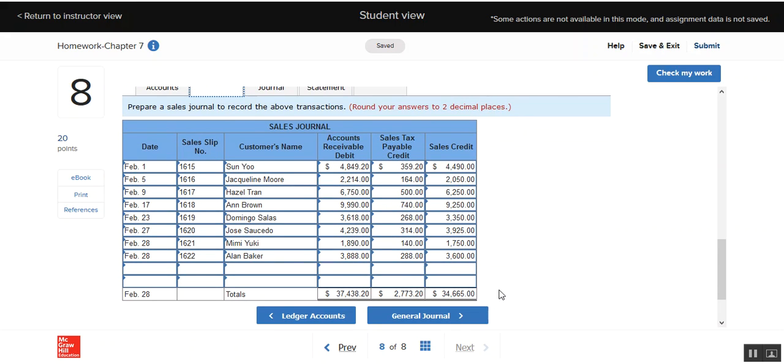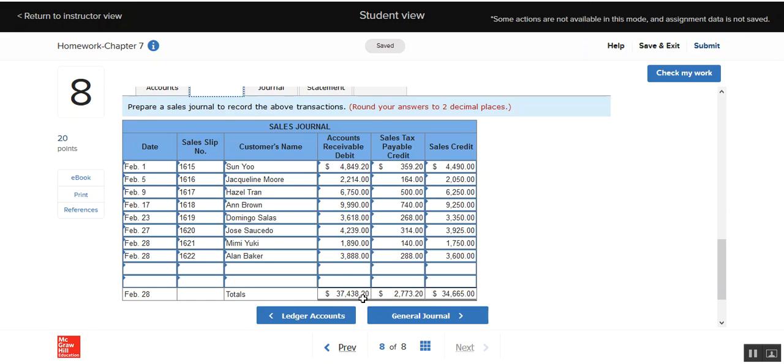So when we get ready to post the sales journal, you're going to post these columns one at a time. I mean, the whole column together in one entry, because all of these accounts receivable debits, we can post that $37,438.20 in accounts receivable as a debit, because that's what all of these are.